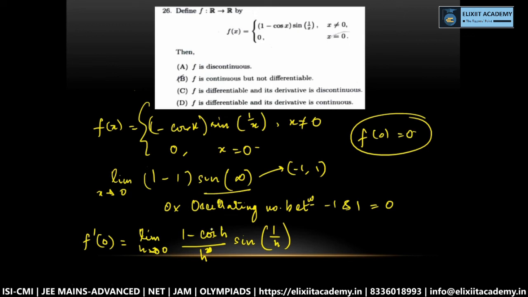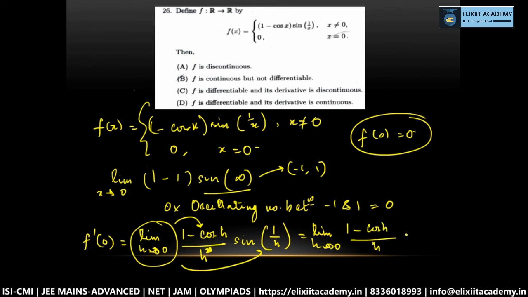Now we can simply find this limit. Limit is distributive, so we can distribute it: limit h tends to 0 of (1 minus cos h) divided by h, multiplied by limit h tends to 0 of sine 1 upon h. Now sine 1 upon h is once again an oscillating value between minus 1 and 1.